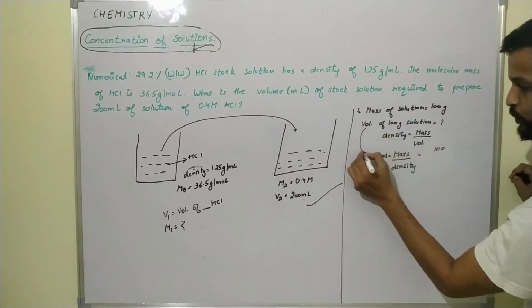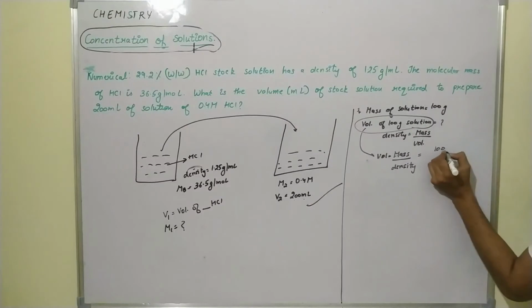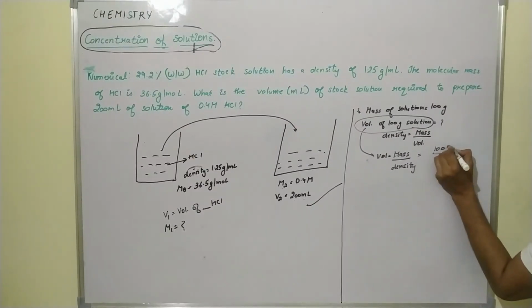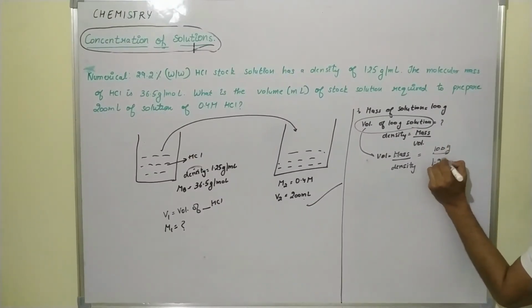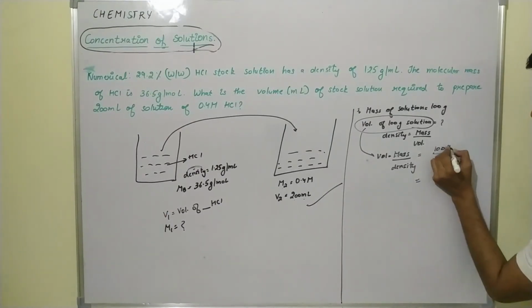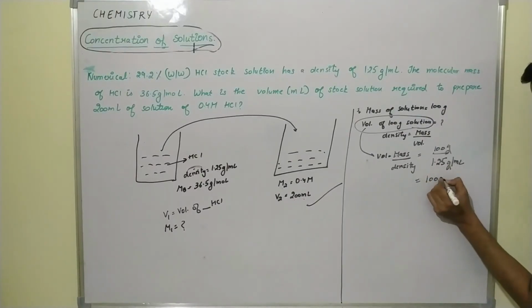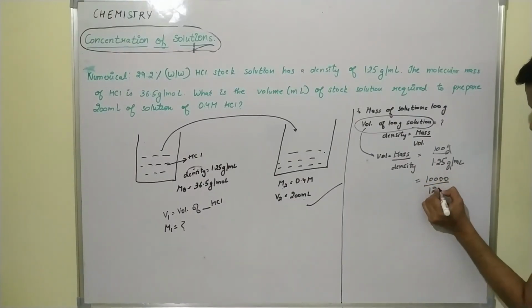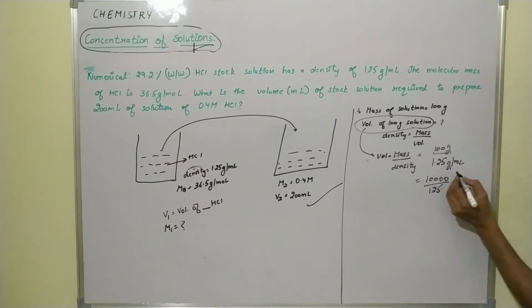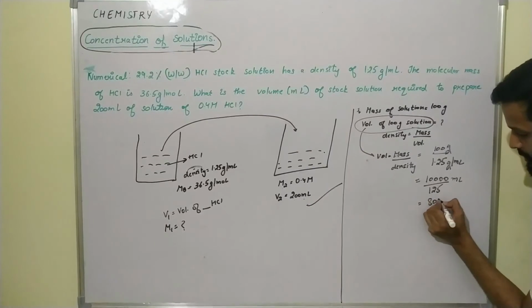This is the volume of the full solution. So here 100 gram divided by 1.25 gram per milliliter. Gram will cancel with gram, and this is milliliter, so here 80 milliliter.